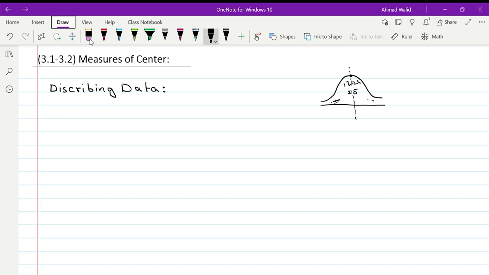Now, the center of a data set can be measured, and there are 5 main characteristics that explain it. Correct? There are 5 characteristics that explain the center of a data set. Number 1 is center.